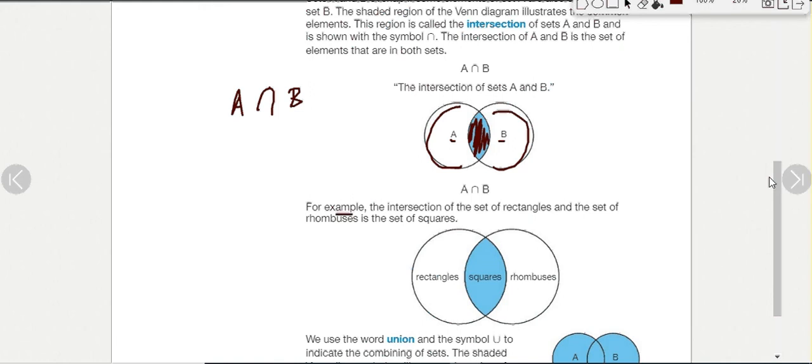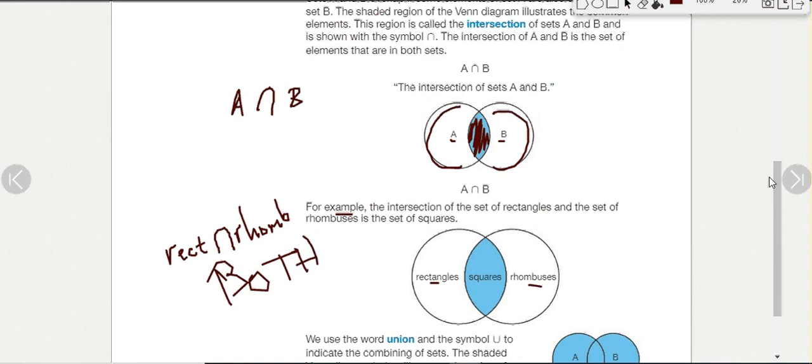For example, rectangles compared to rhombuses, they are not all within one or the other. But the intersection, the overlap between rectangles, I'm just abbreviating, and rhombuses are any shapes that are both, mutually rectangle and rhombus, and in that blue section that overlaps, that's the squares.